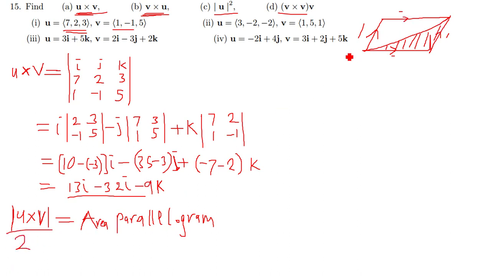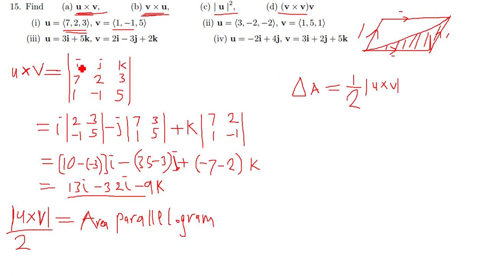In other words, the area of a triangle is just equal to half the magnitude of the cross product of two vectors.